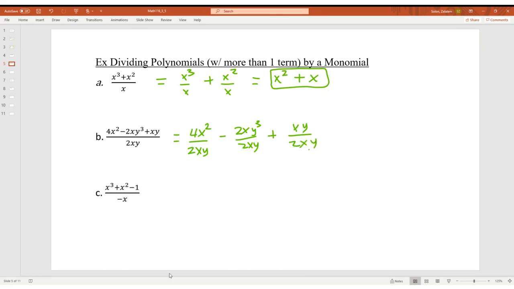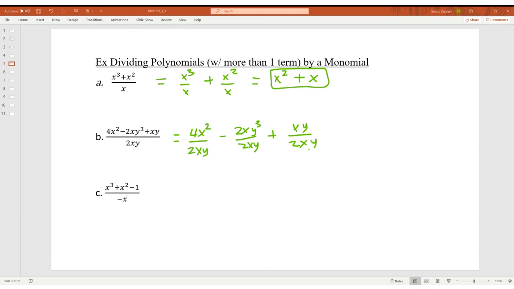Okay, now I want you to simplify each expression and write your answer. Okay, guys, simplify each expression.